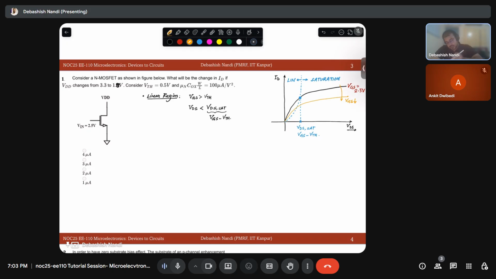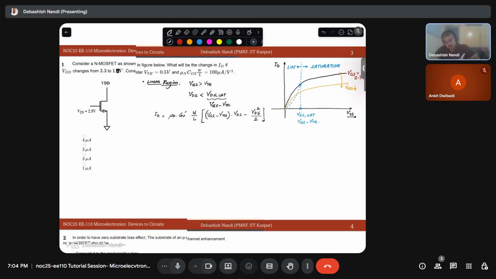In the linear region, the current to voltage relation is mu n Cox W over L times (VGS minus VTH) times VDS minus VDS square by 2.